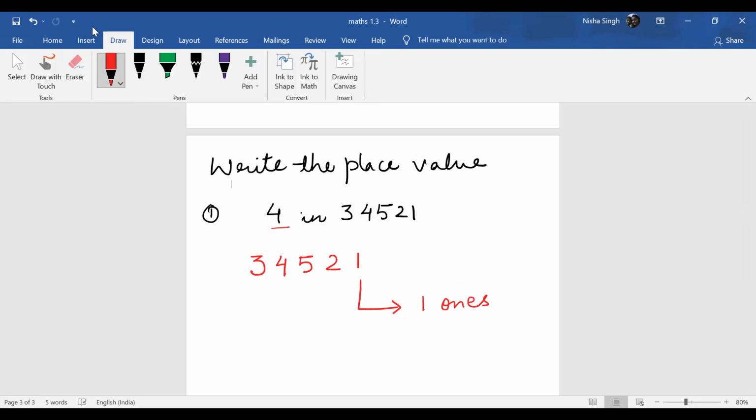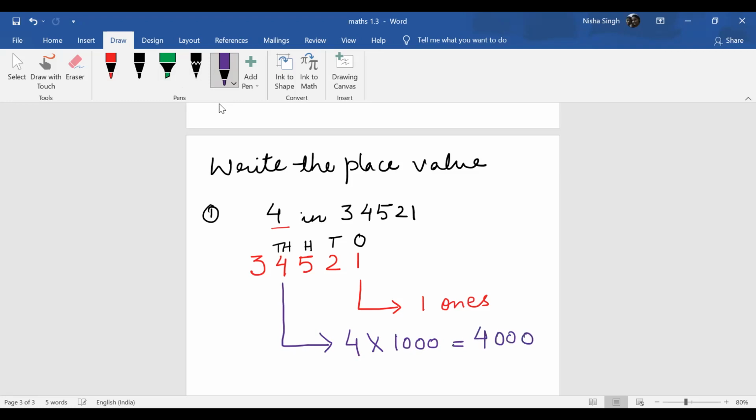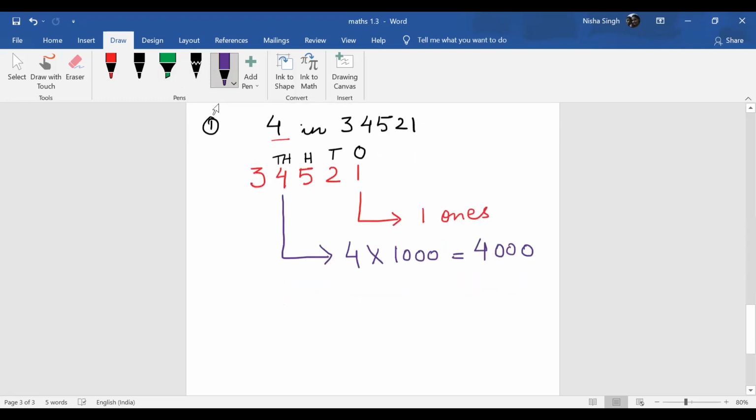So we can see that 4 is on the thousands place. So the place value of 4 is 4,000. We will multiply 4 into 1,000. That will be 4,000. So the place value of 4 is 4,000.